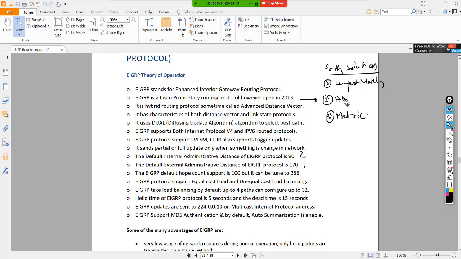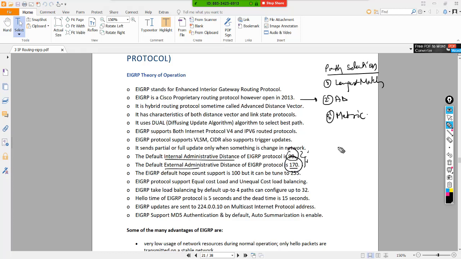So every routing protocol will have its AD value, the trustful nature of that routing protocol. In the case of EIGRP, it's 90 for internal, and for external it's 170. So you just need to remember this when someone asks you or gives you some scenario.